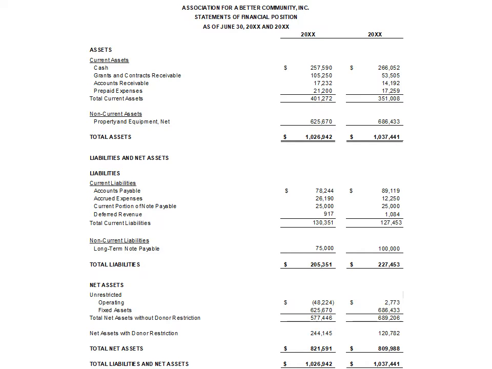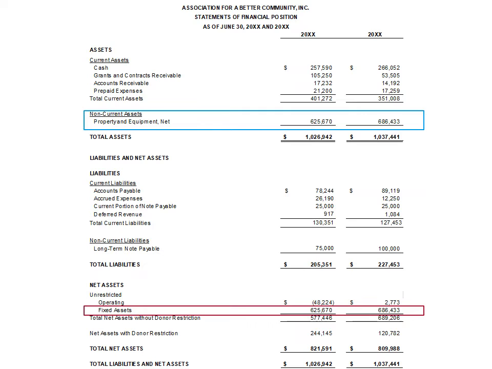But if we look back up to the balance sheet at our assets, we will see that included in that is $625,000 in property and equipment. So that's fixed assets. That is illiquid. What that leaves us with is actually a negative number. So in terms of LUNA, we actually have a negative $48,000 liquid unrestricted net asset position.